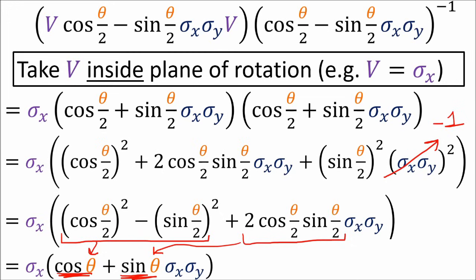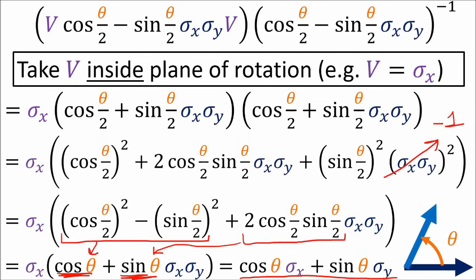So the angles of theta over 2 get doubled to theta. After we distribute the sigma x, the cosine term gets sigma x, and the sine term gets sigma x squared, which goes to 1, leaving it with only sigma y. This results in the original vector rotated by an angle theta, as expected.